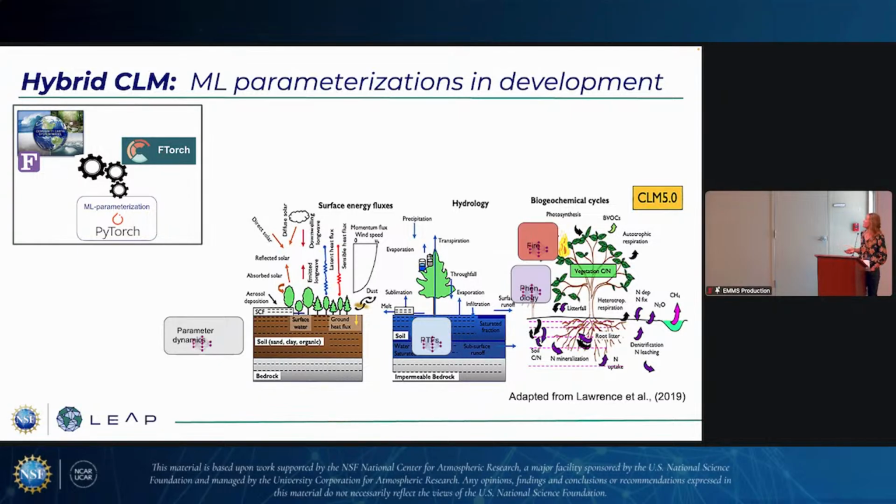Aya will talk about the phenology parameterization. And there's a FIRE scheme, one for replacing pedotransfer functions, and then how to get parameters to vary spatially and temporally as well. So this is just to say that CLM has this capacity now, and if you're thinking about developing machine learning parameterizations, please talk to us. A, develop in PyTorch, but B, come talk to us, and we're happy to help support that. That's all. Thanks.